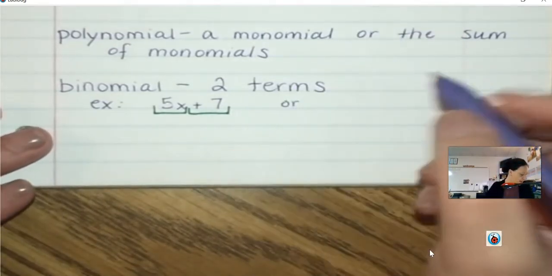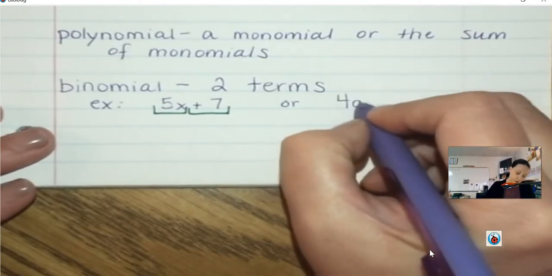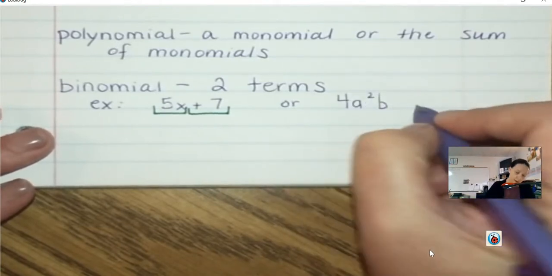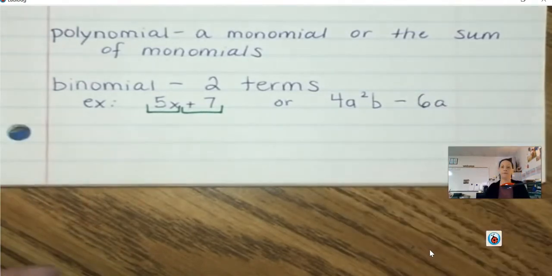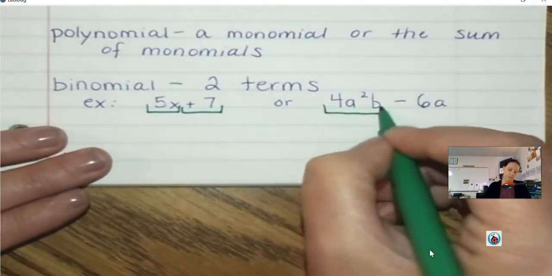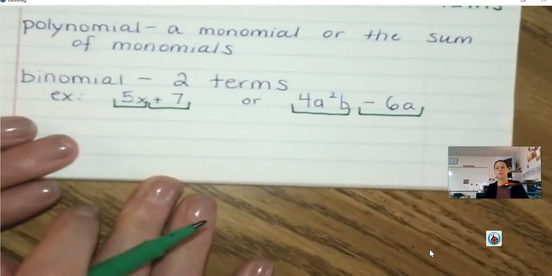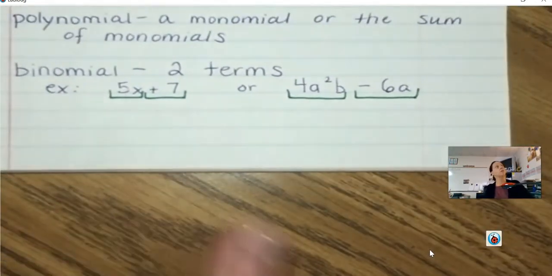Or something like 4a squared b minus 6a. It has 2 terms, so it's called a binomial.